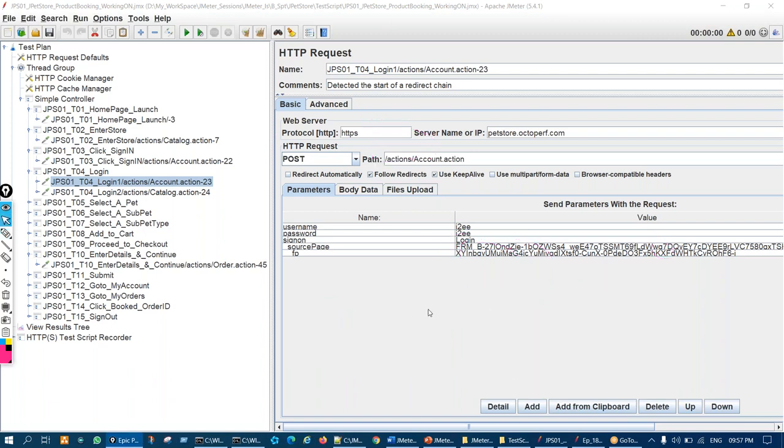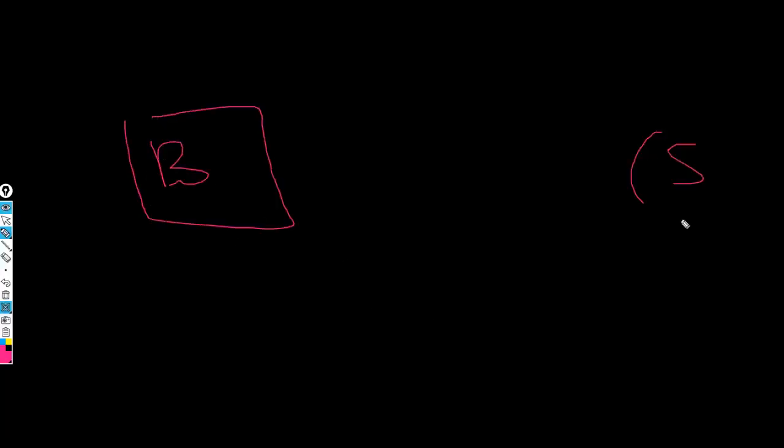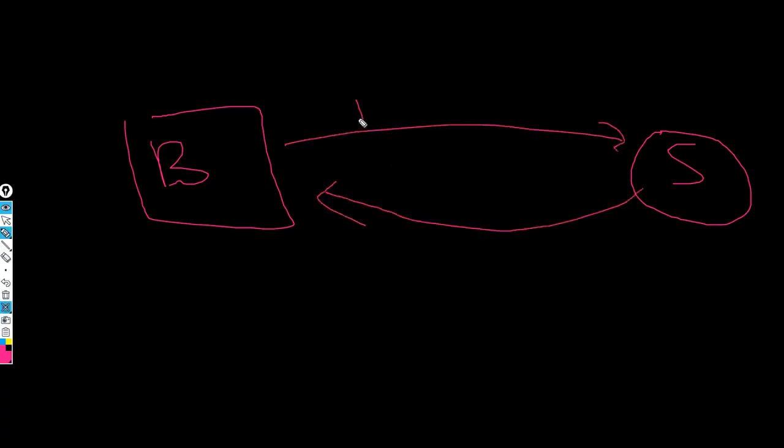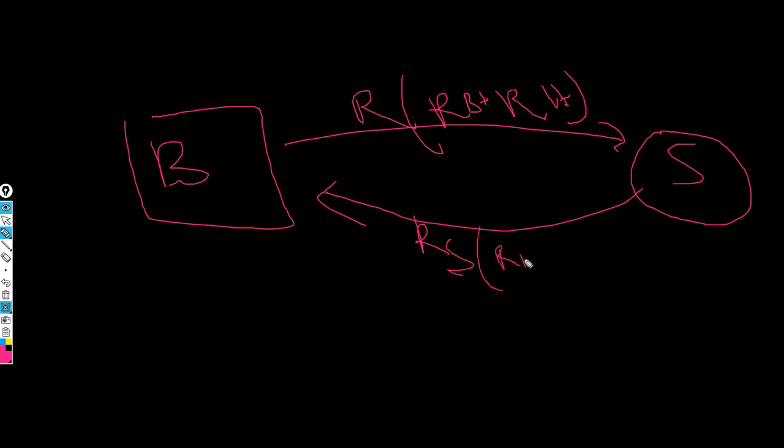Now to understand that, let us take one real-world example. So again, as I said, browser, server, request, response, request. The request has request body plus request header, and the response again has response body and response header.